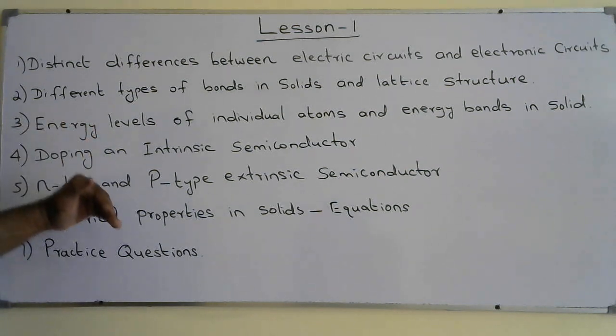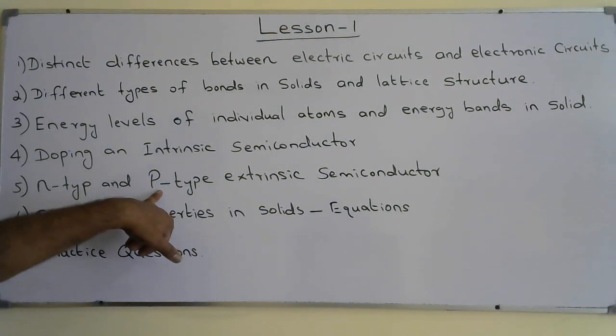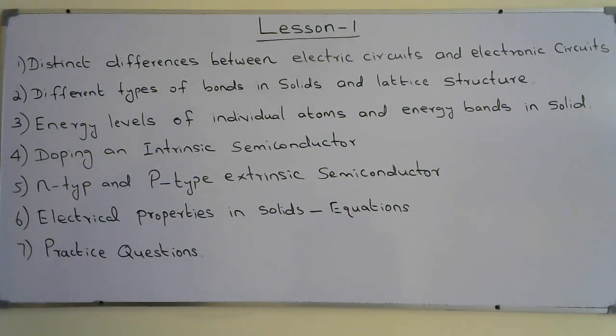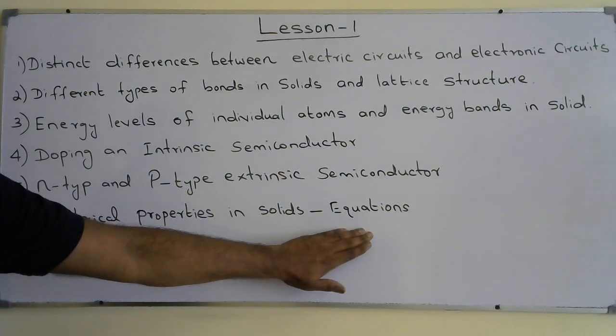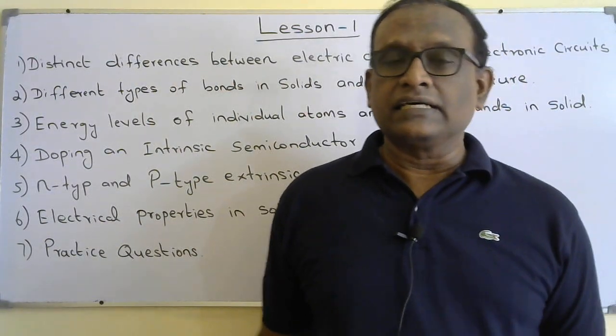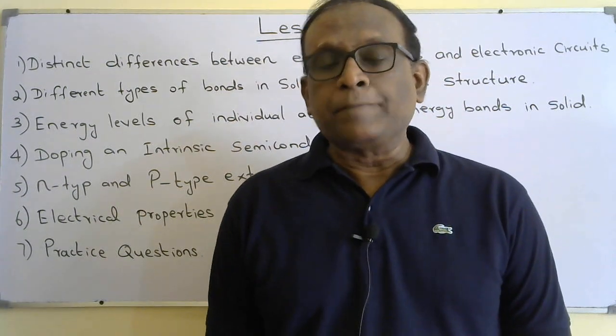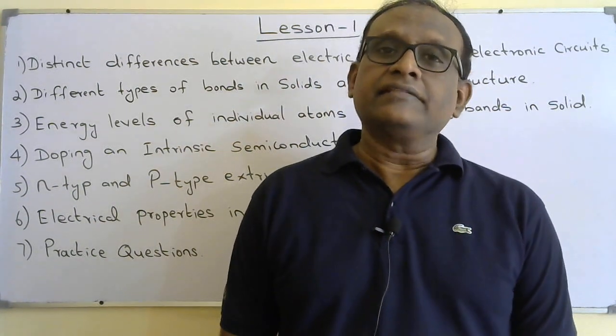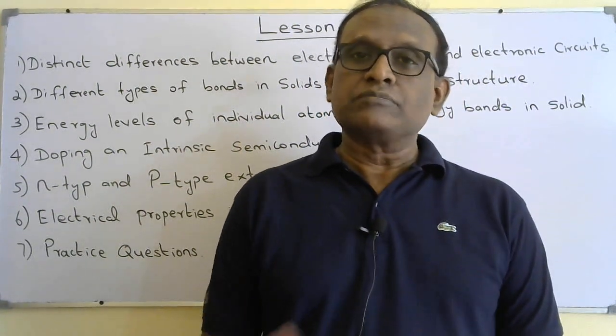After doping, it could become either an N-type or P-type extrinsic semiconductor. That will be the fifth topic I am going to discuss in this first lesson. Then the sixth one is electrical properties in solids. Here I am going to introduce certain equations related to conductivity, resistivity, the mobility of electrons, and the mobility of holes.